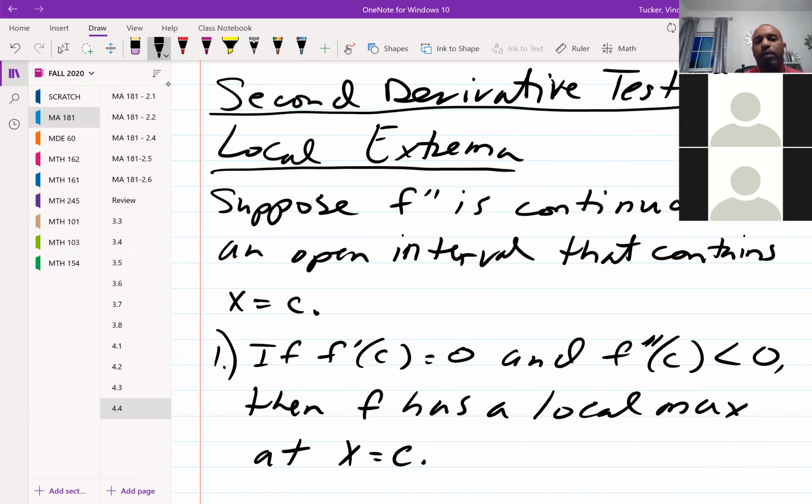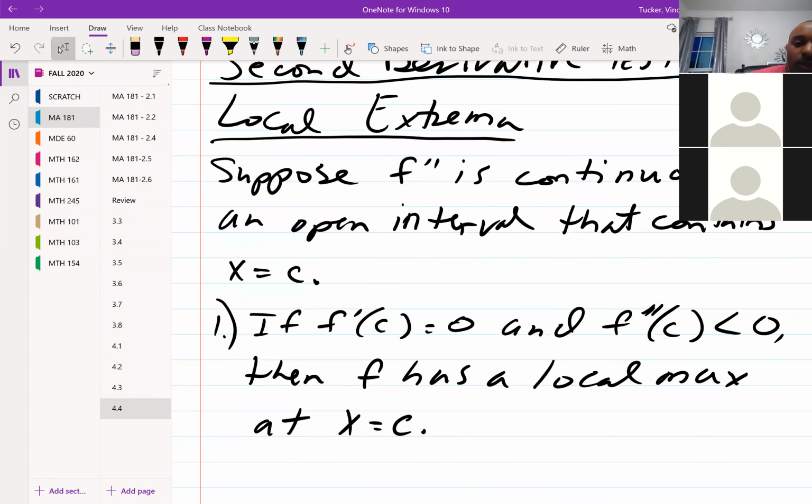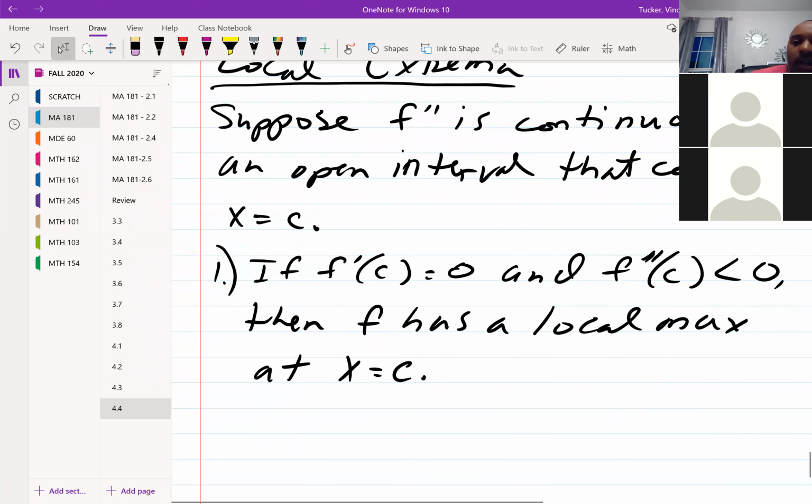All right, so second derivative test for local extrema. Suppose f double prime, or second derivative of f, is continuous on an open interval that contains x equal to c. So f prime of c is equal to 0. If f prime of c is equal to 0 and f double prime is less than 0, so in other words, it's negative, then f has a local max at x equal to c.